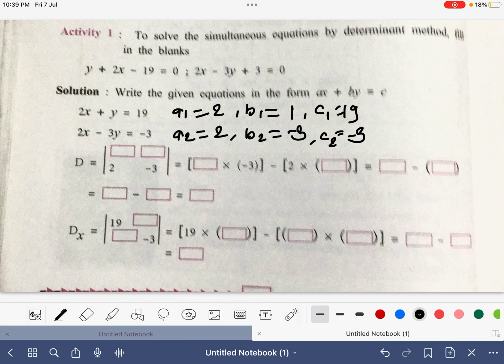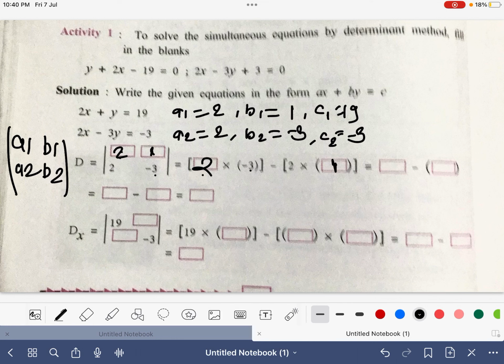So we know that d is equal to ab, and the formula is a1 a2 b1 b2. So write down the determinant. a1 is 2, a2 is also 2. Now b1 is 1, b2 is minus 3. Clear? Now let's multiply 2 into minus 3 minus 2 into 1.